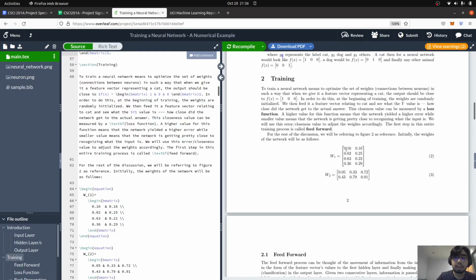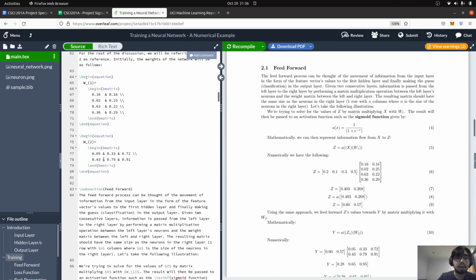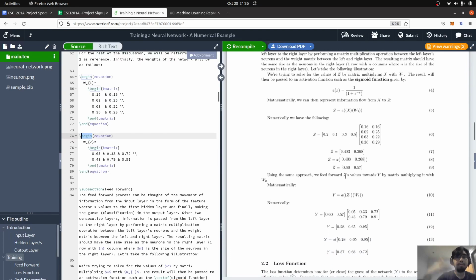I start off with some initial values, and then it explains the different parts of the algorithm, what equations are used, and how it's mathematically represented, all using basic begin and end equation macros. Even the numerical examples show the computation of what happens if I input this type of input and what the expected output is.